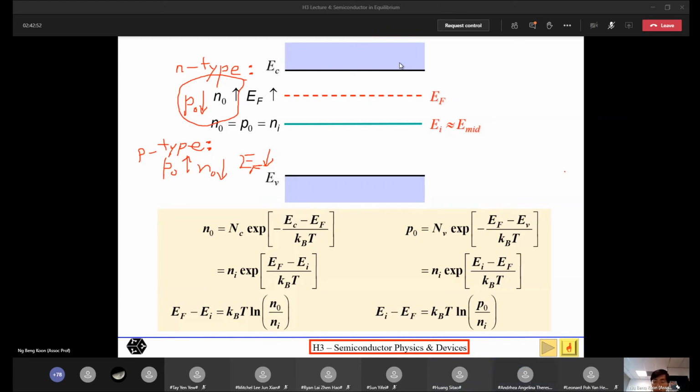May I ask how can a P naught drop below intrinsic, like an intrinsic N? How can it drop below the intrinsic? Okay, in the case of N-type, because of the increase in electron concentration, it actually results in also increased recombination.